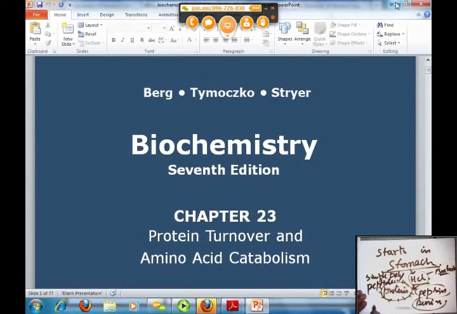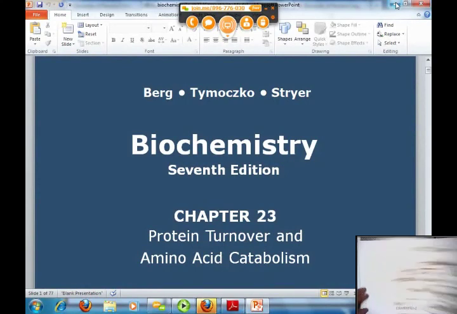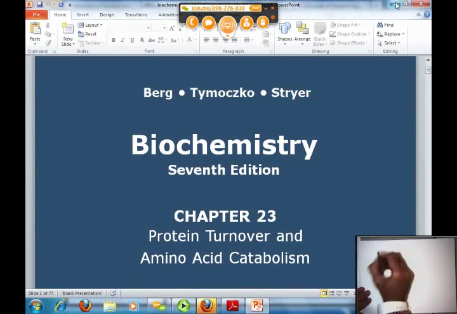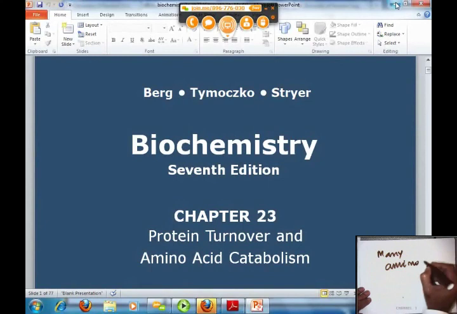Mono or di: mono means one, di means two, tri means three, and poly means many. So the protein is made up of many amino acids joined by a peptide bond.